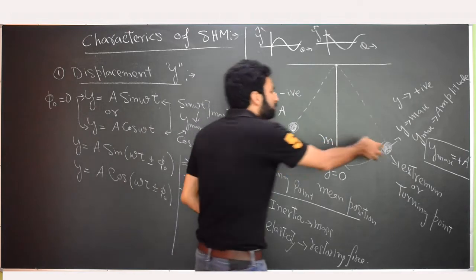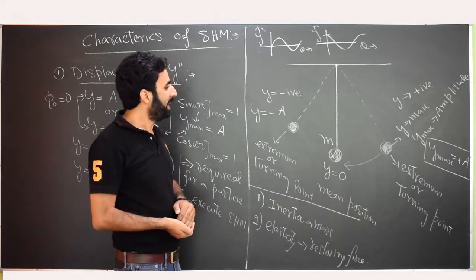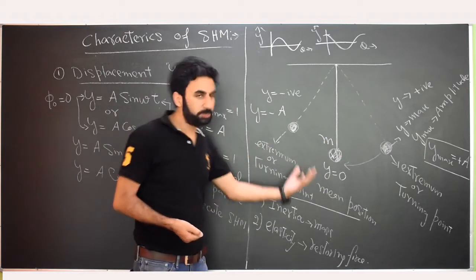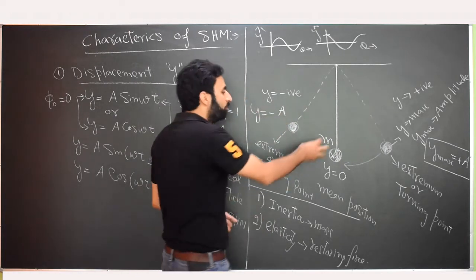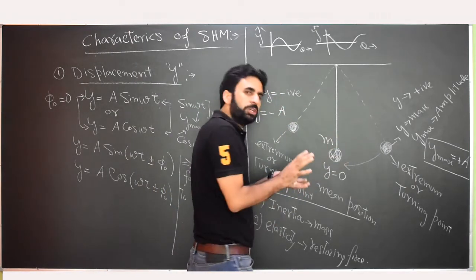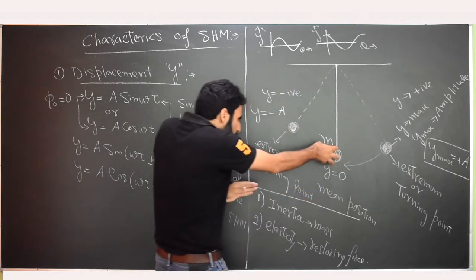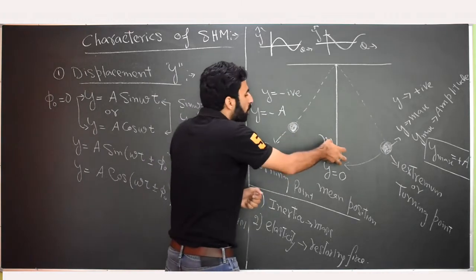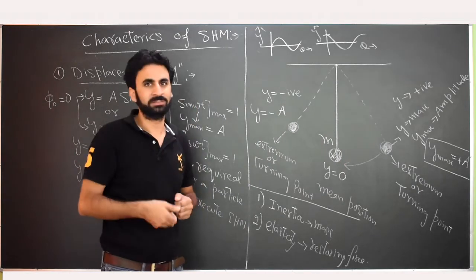But suppose the restoring force brought this pendulum back to its mean position, and the body stopped at the mean position, again there would be no simple harmonic motion. But the body doesn't stop at the mean position. Once it reaches the mean position, restoring force becomes 0, but the bob doesn't stop here. The bob moves to the next extreme. So what made the bob move from the mean position to the extreme position? That is because of inertia of motion.